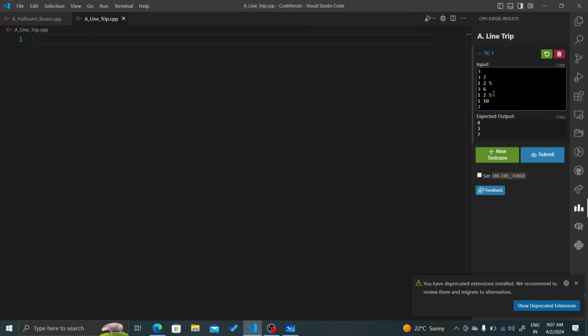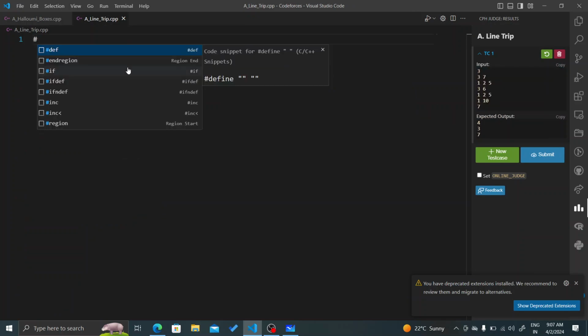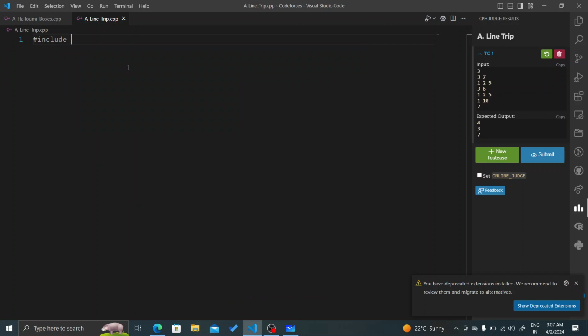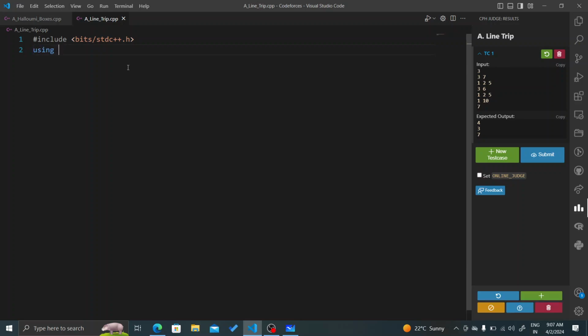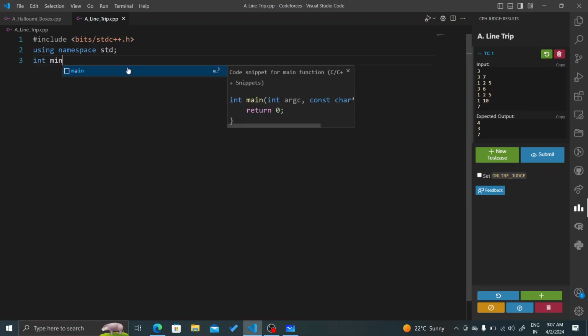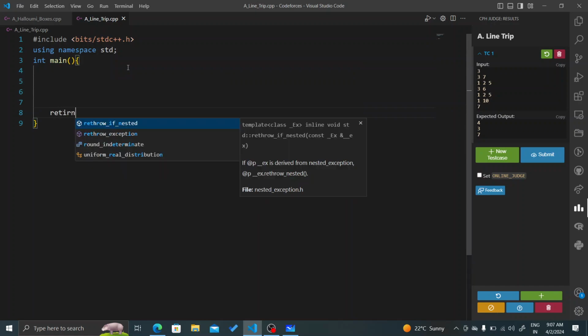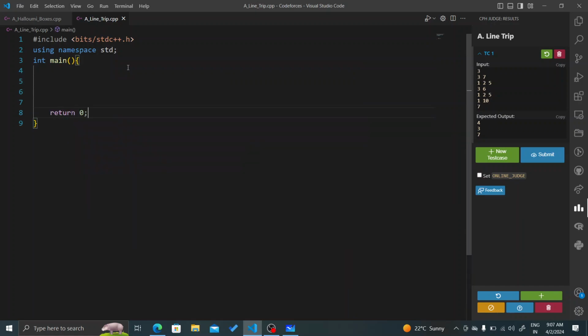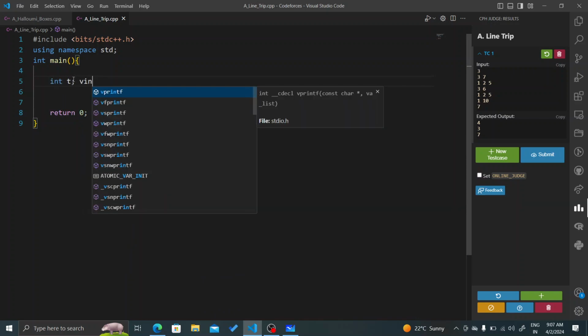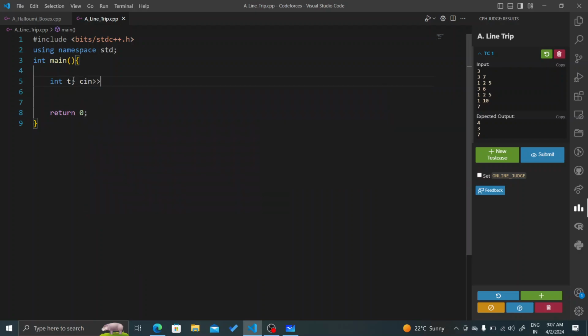Here are the test cases. So let's code it. Let's first write down the boilerplate. So let's take the input. First input is T, that is number of test cases.